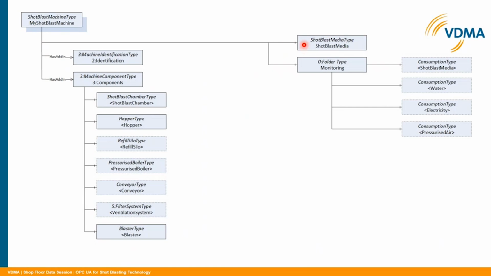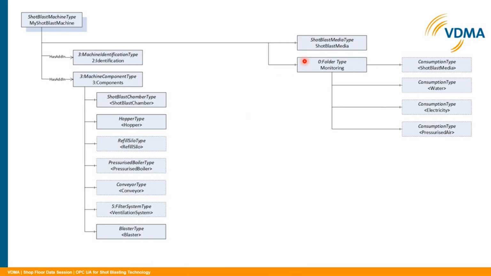So we defined an object that is carrying the information for who's the manufacturer of the shot blast media I use, what is the particle size of the shot blast media, what is the hardness of our shot blast media, and so on. So all of this information, which is very important for the shot blasting process, can be found in the shot blast media type.